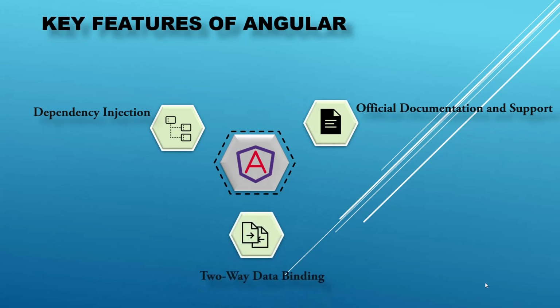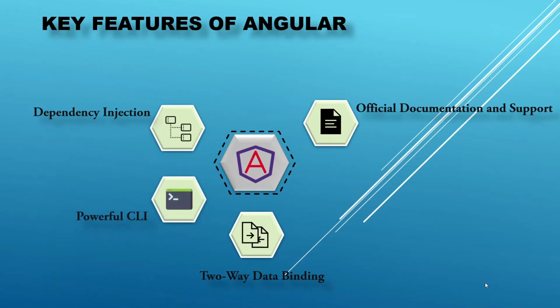Then you have two-way data binding, so you can communicate between HTML and TS, and also from TS to HTML. This way you have data binding as well.